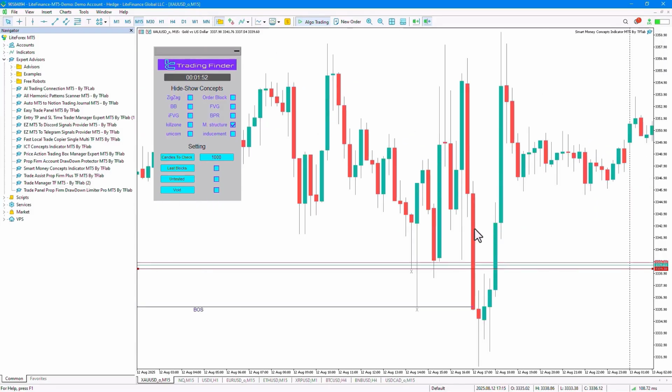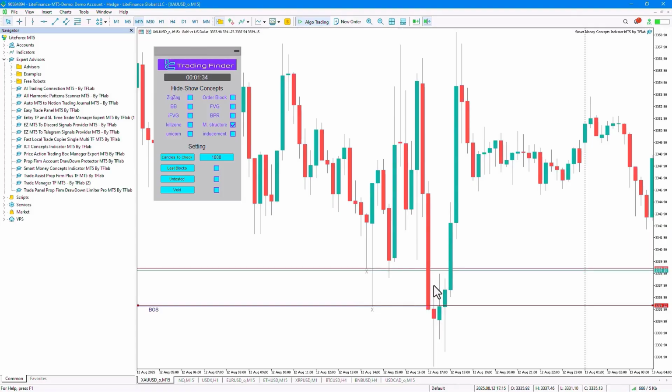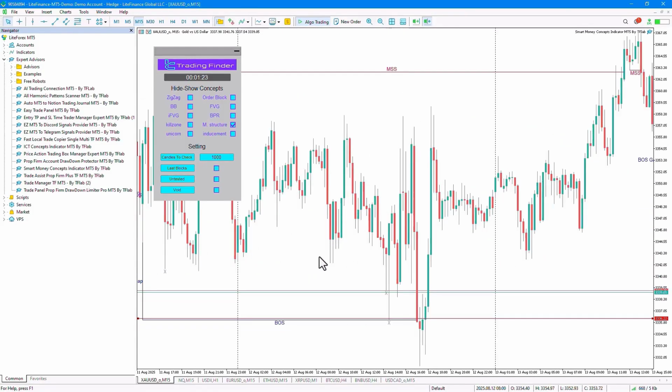At this point the price must break this level downward for the BOS level to be identified. We can see that the price moved downward, and in the next move it also failed to break the BOS level and moved upward with a shadow, so the BOS level is shifted here for us. And finally, at this point, the price manages to break the BOS level, and the BOS level is displayed for us.